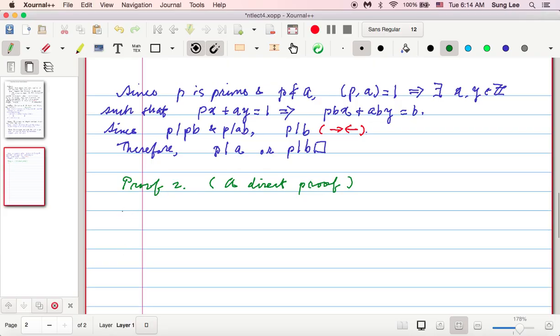So suppose that P divides A times B, and we want to show that P divides A or P divides B. If P divides A, then we are done.